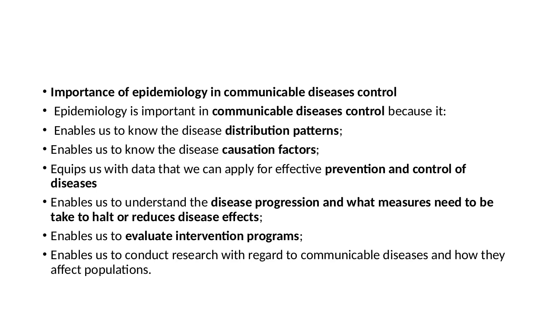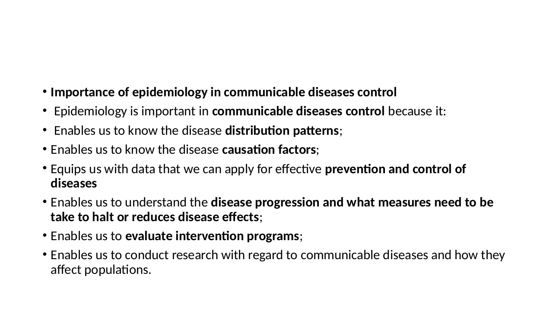Then it also equips us with data that we can apply for effective prevention and control of the diseases. It will help us to have the information that you can use for effective prevention and control of the disease. How do we prevent and how do we control the spread of this disease?